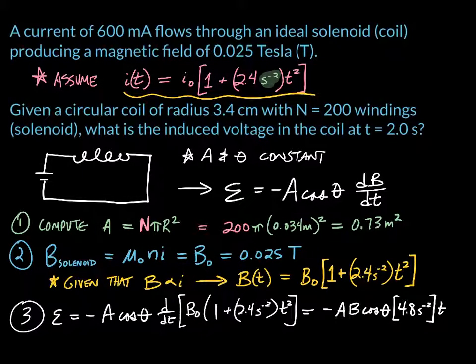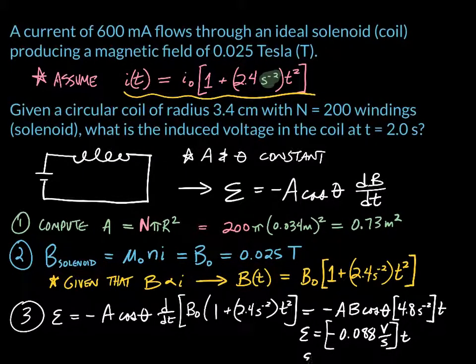And that will let me come up with the function for induced voltage. This gives me a time function for voltage. It will be negative 0.088 volts per second times t.